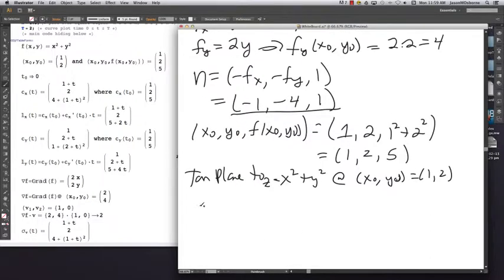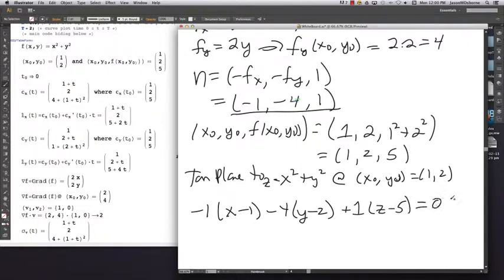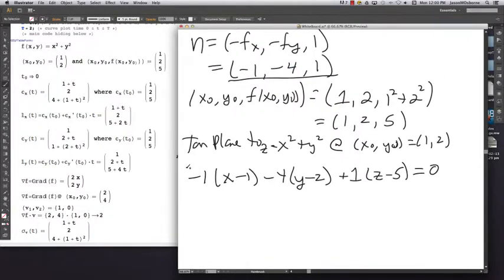You would write negative 2 times x minus 1, minus 4 times y minus 2, looking at the x naught, y naught point, and then my z entry of the normal vector is 1 times z minus 5, equal to 0. There is your tangent plane in implicit form.